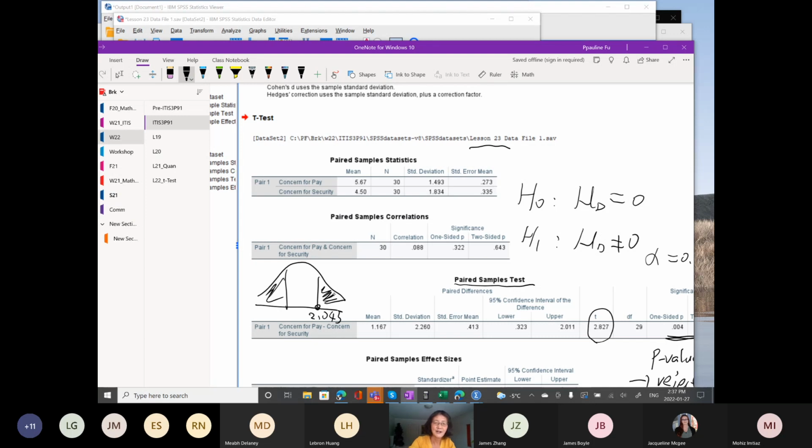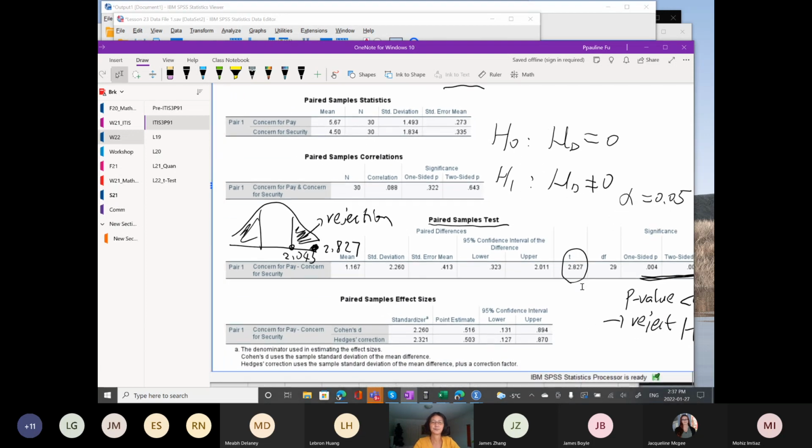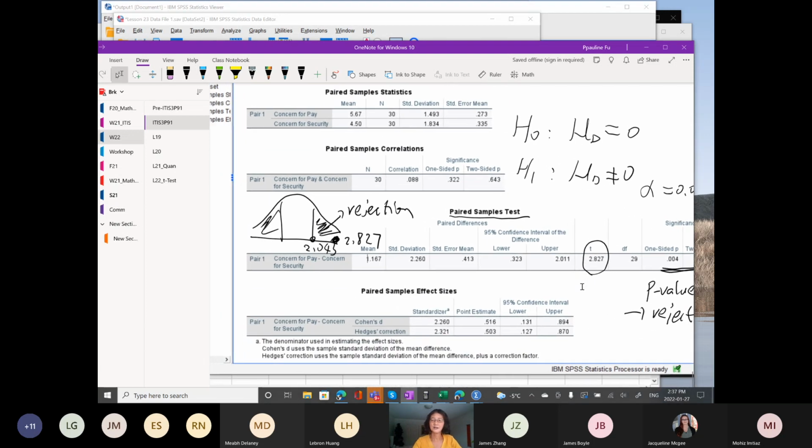And now your test statistic, 2.827, is in the rejection region. So reject H0. Okay. Any questions for the paired sample t-test?